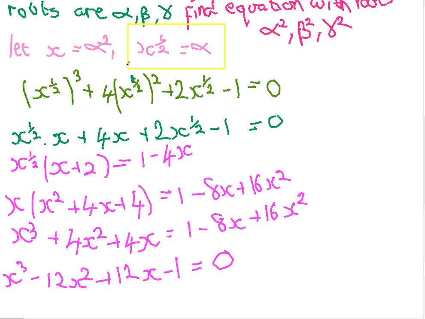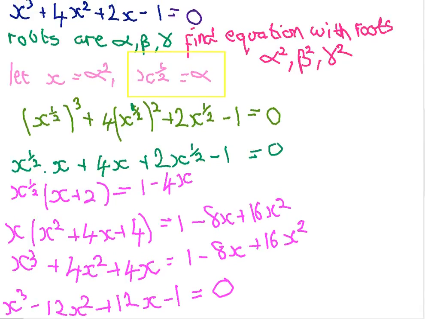And you saw how we did it. We simply let x equal alpha squared, get alpha on one side, then for every occurrence of x in this equation here, we substituted x to the half, and that gave us our new equation, which now has roots alpha squared, beta squared, gamma squared.